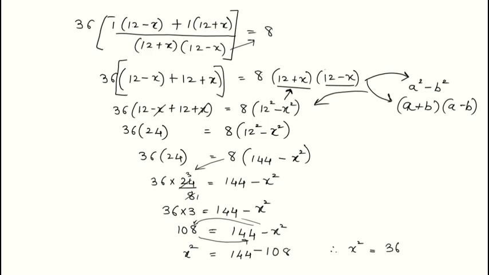Now if we solve this further, x square is 36. Taking the square root, square root of x square is x, and square root of 36 is 6, therefore x is equal to 6 or x is equal to minus 6. But the speed cannot be negative, okay.